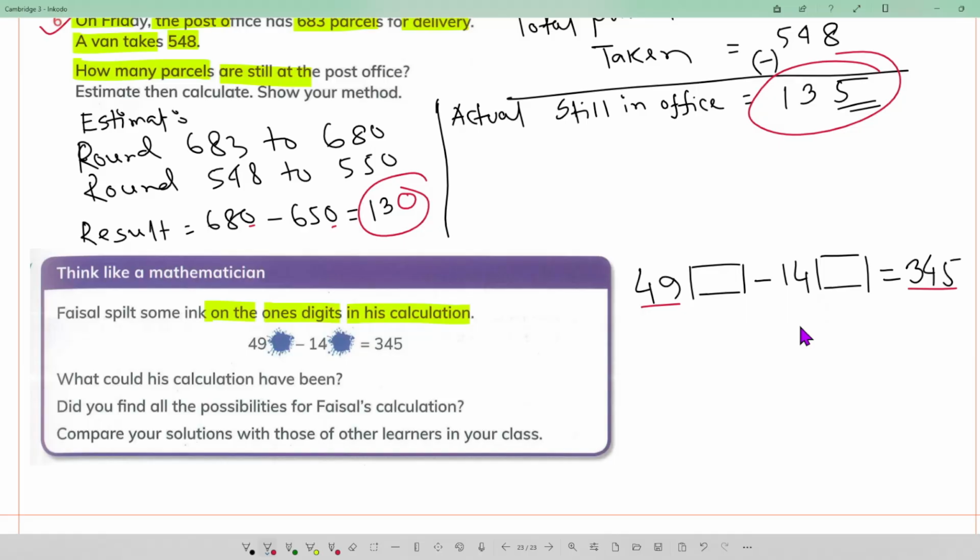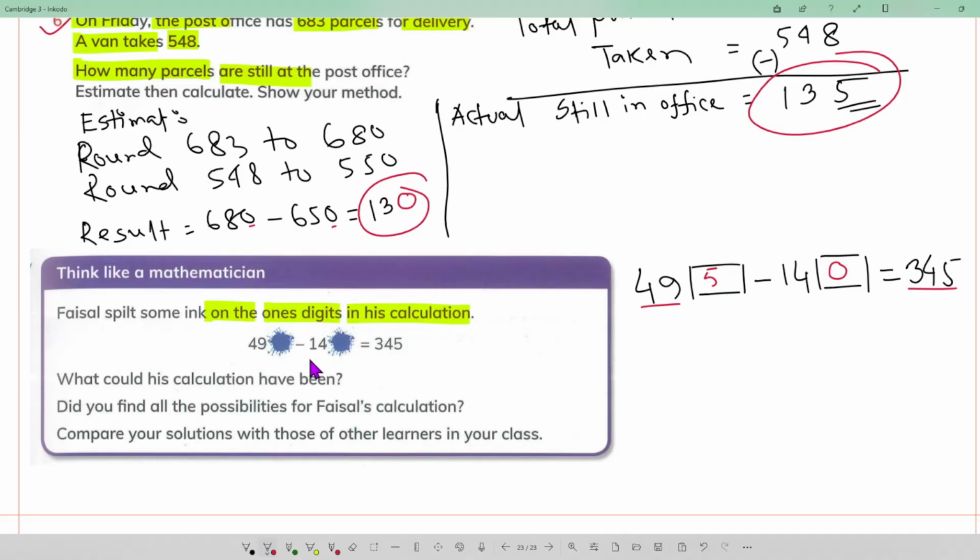So suppose we consider 4 9, and here is 5. If we put 0, so 5 minus 0 is 5, 9 minus 4 is 5, so 495, and what?